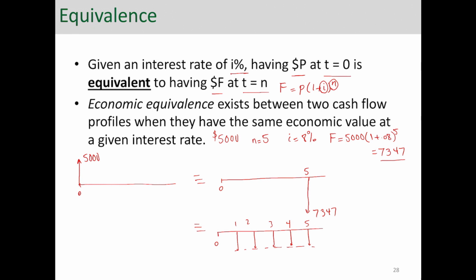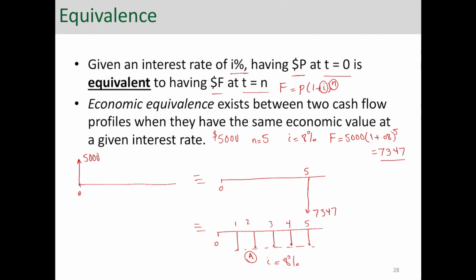In that case, you pay back an amount of money each year over the 5 years. As long as these A payments are calculated at the 8% interest rate, this cash flow also equals the $5,000 today.